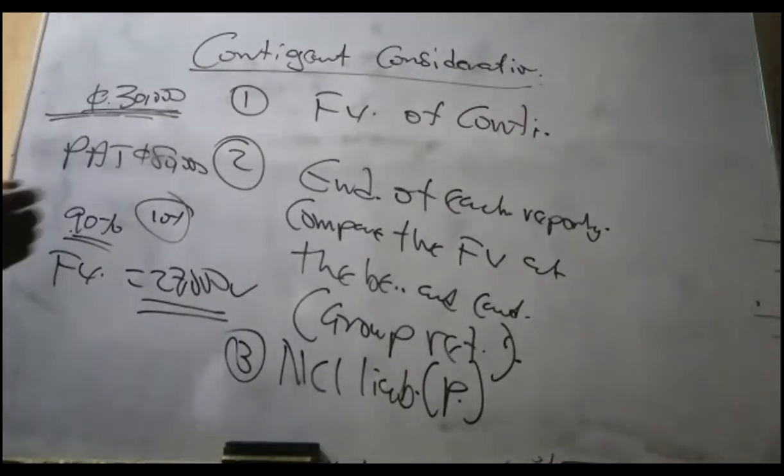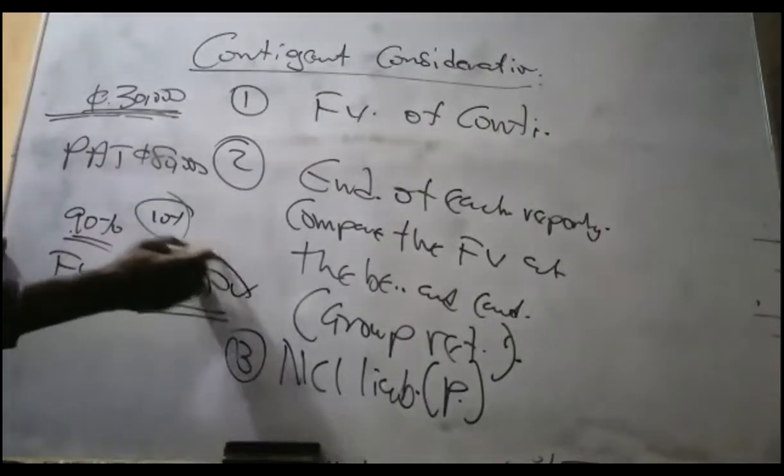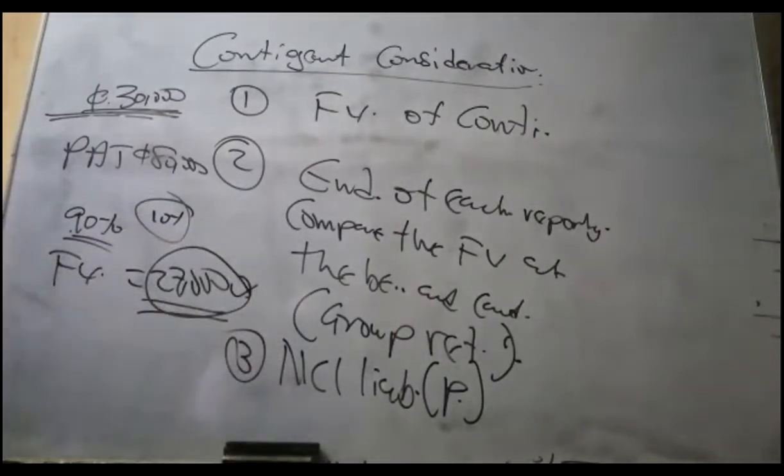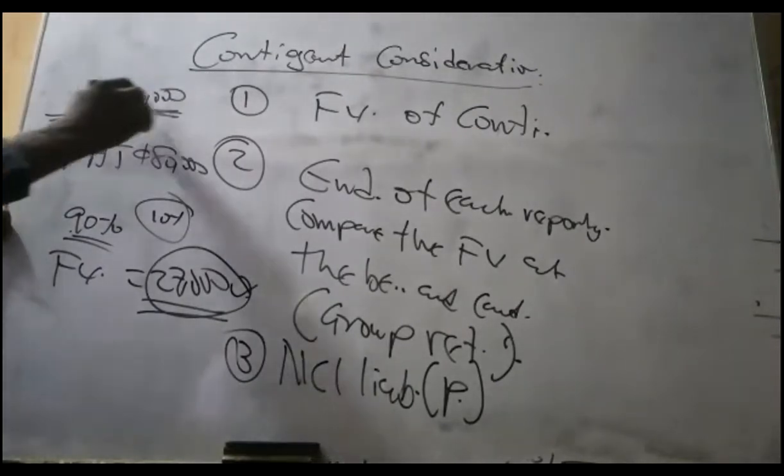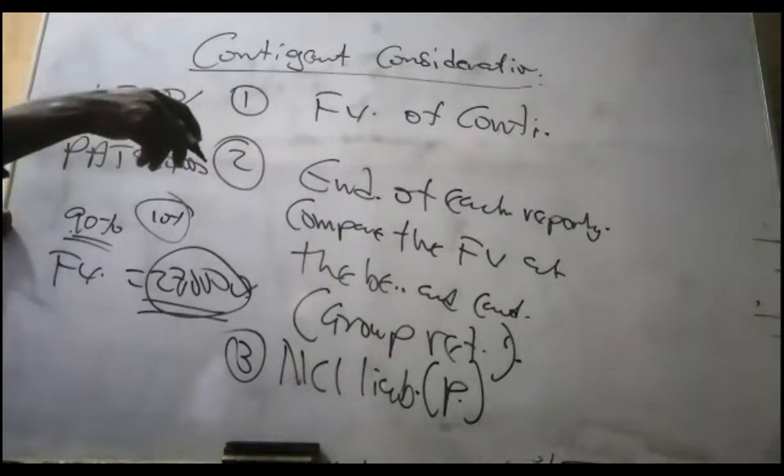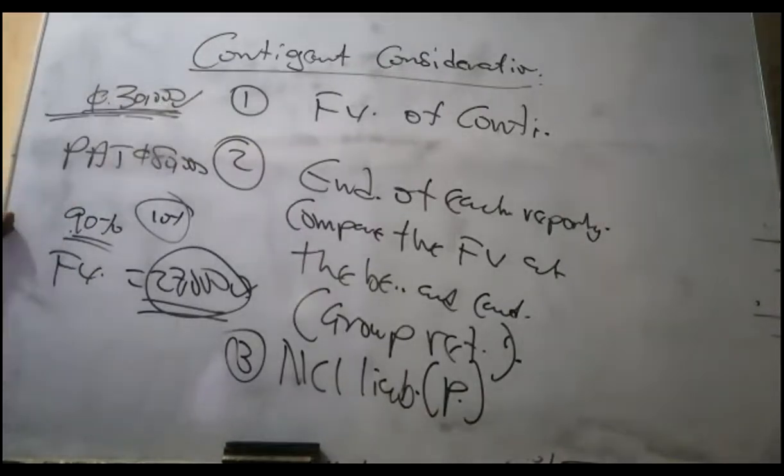So in short, 27,000 is recorded in the books as a non-current liability, whilst 30,000 goes to cost of control. So the fair value at the beginning of the year must be recorded in the cost of control, or the cost of consideration.